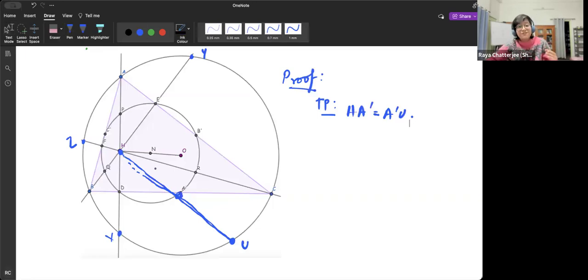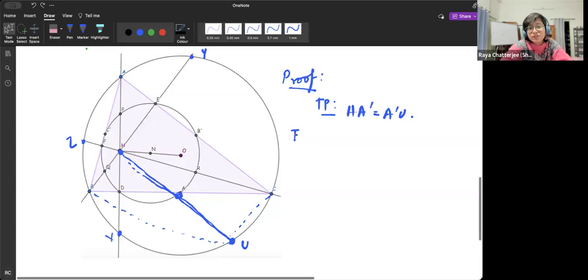And if we have HA prime equals A prime U, which we want to prove, then the diagonals bisect each other, which implies HBUC is a parallelogram. So we are also going to join up these two. And okay, perfect.